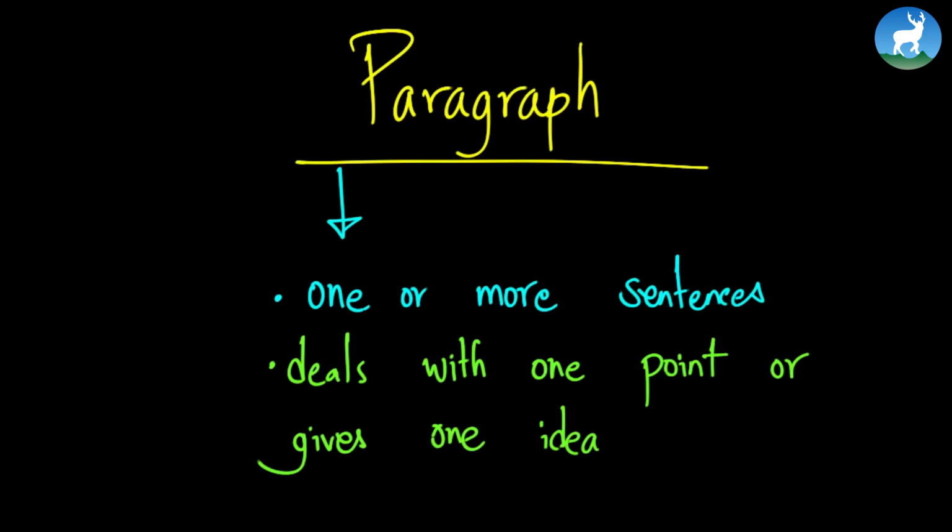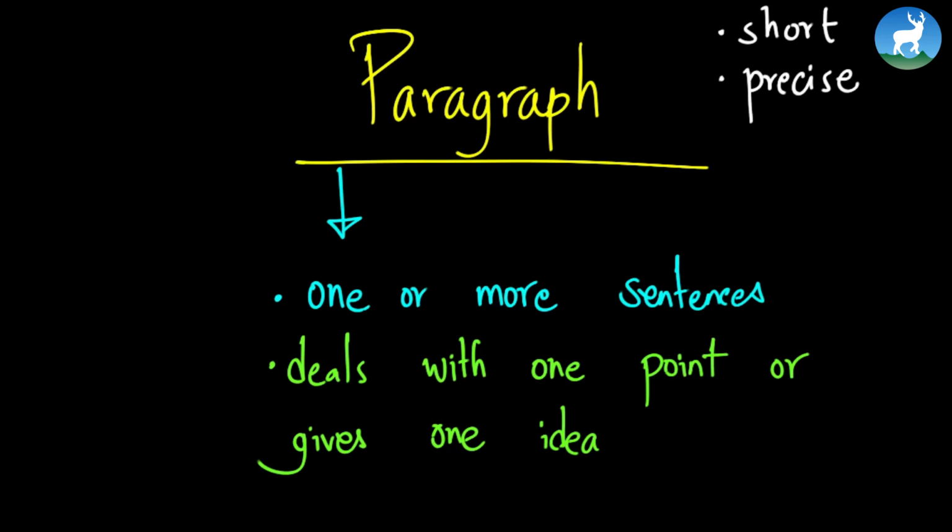So it's got to be short. It should not be too long, because we're not going to write a long, boring paragraph. It has to be precise, to the point. So a short paragraph. Also, we are going to make it precise. Precise means to the point. Okay, one or more sentences, deals with one point, or gives one idea.